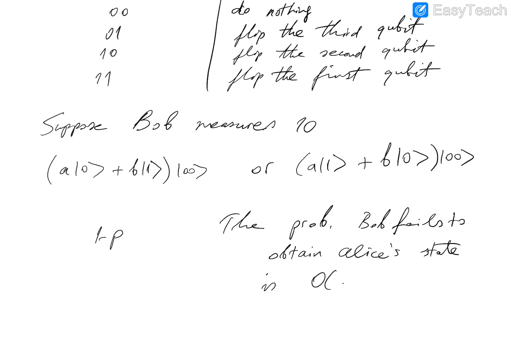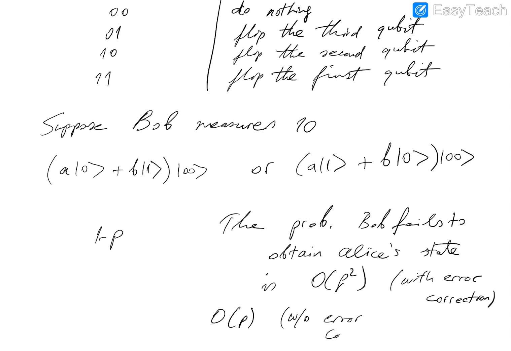is bounded by p squared, with error correction, whereas it would have been bounded by p if no error correction had been used.